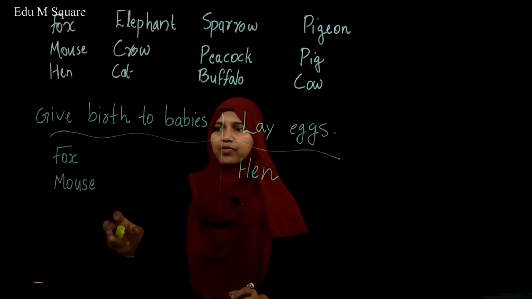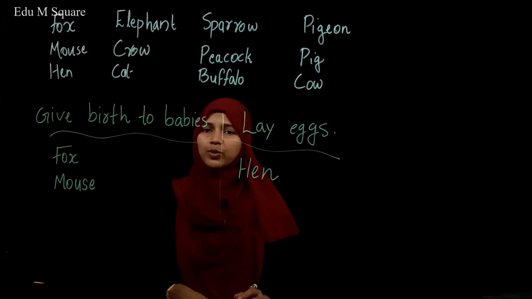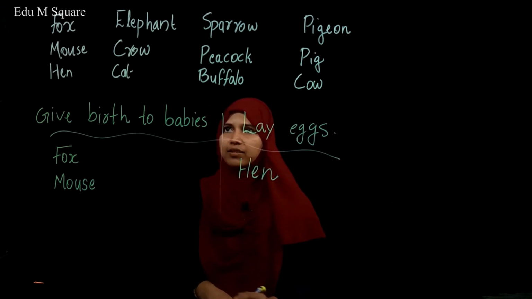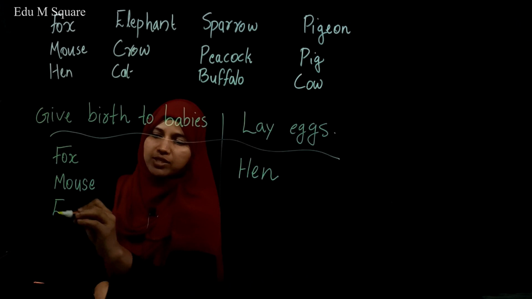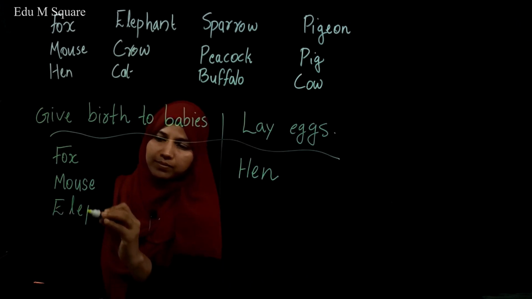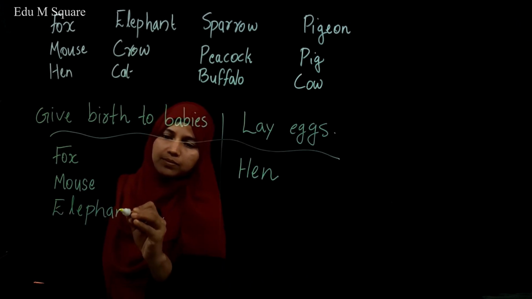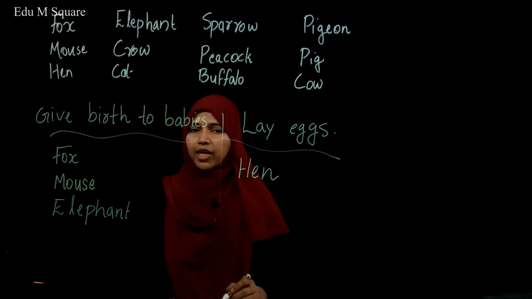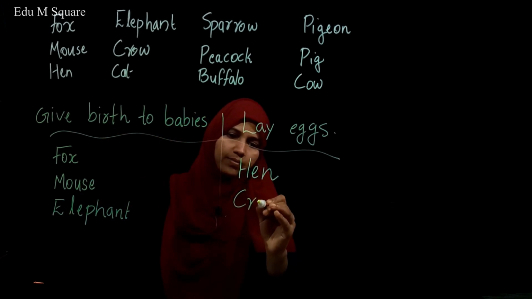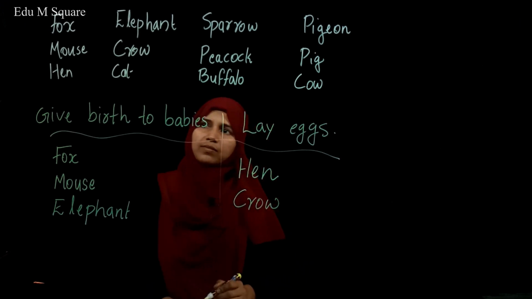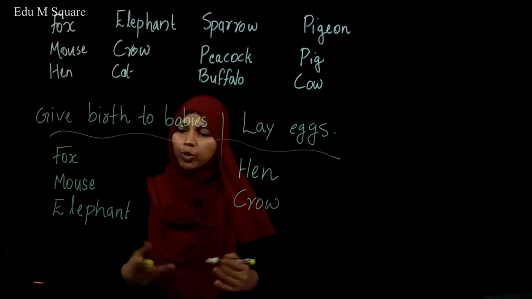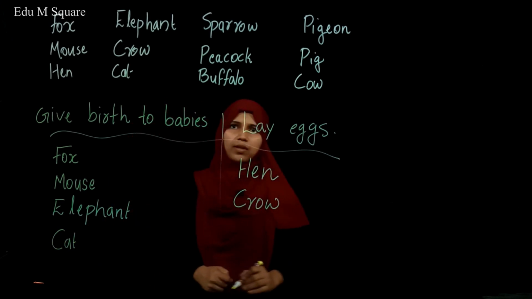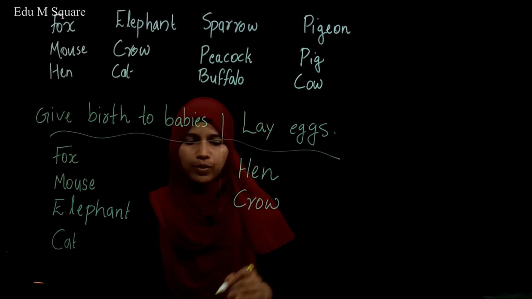No. The elephant gives birth to its babies. They do not lay eggs. So the elephant is here. The crow lays eggs. Yes. The cat gives birth to its babies. The sparrow lays eggs.